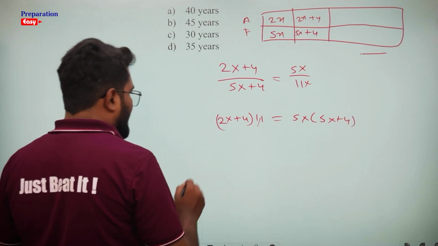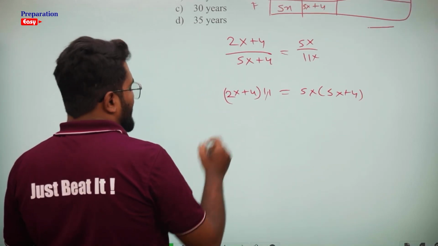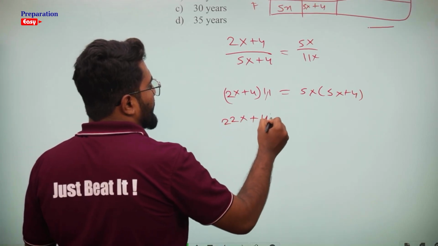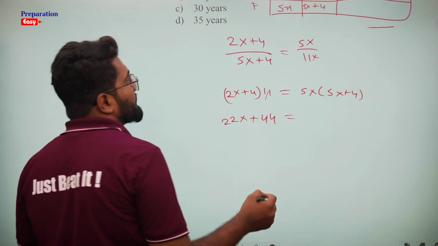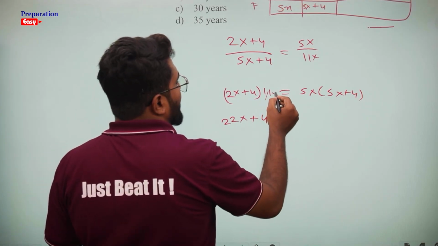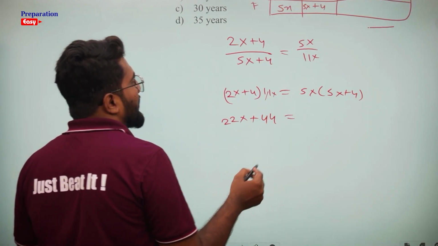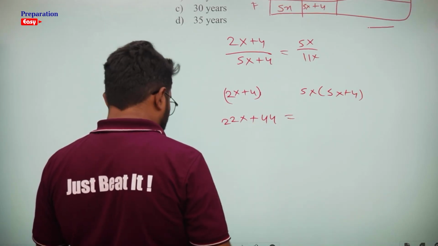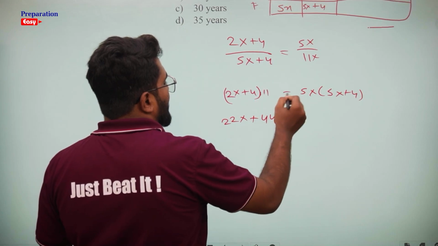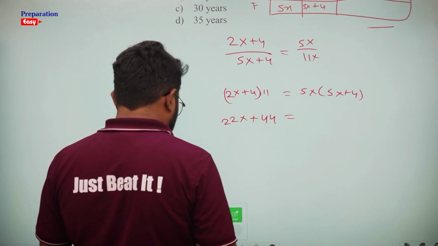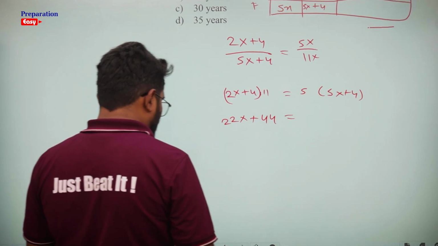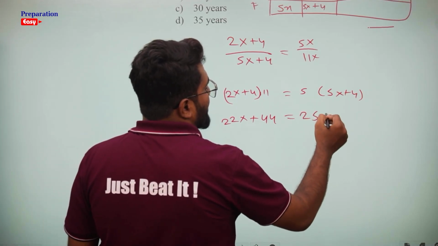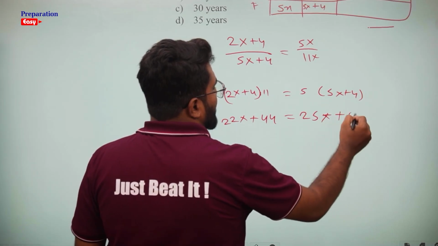So it will become 22x plus 44 equals 5 into 5x plus 4. Okay, 5 fives are 25x plus 5 fours are 20.